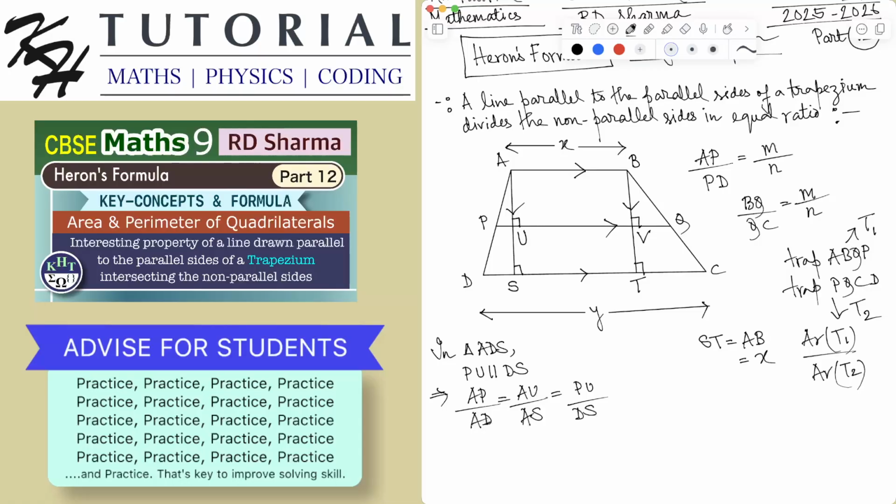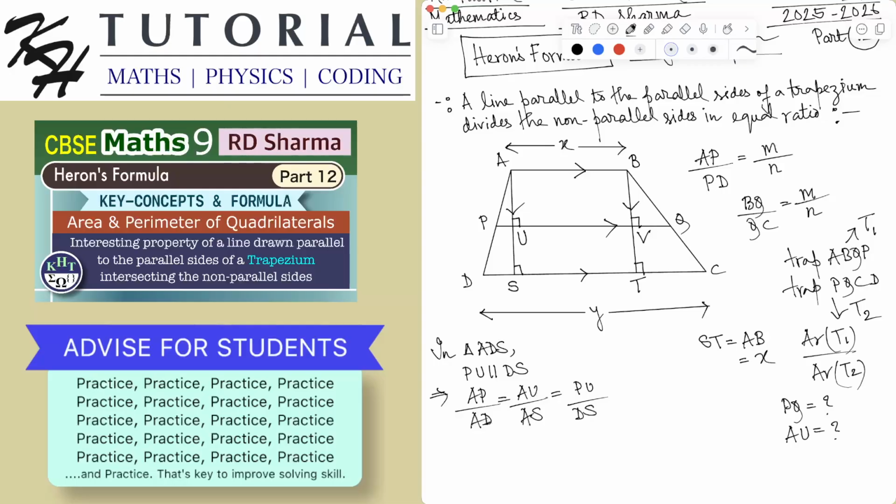So to find the area of the trapezium T1, I need to find PQ, and I also need to find AU. AU will be the altitude of the trapezium T1, and PQ and AB are the parallel sides of the trapezium T1.